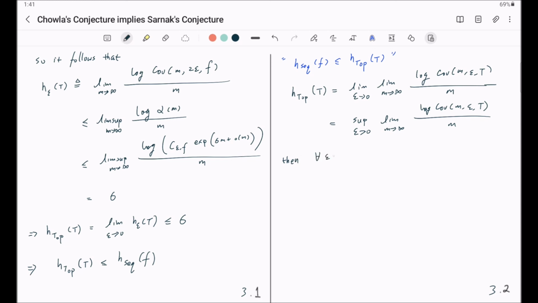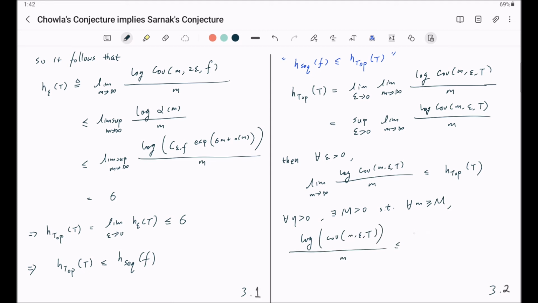Then, for any epsilon greater than 0, we know this limit is less than or equal to h_top of T. This tells you for any eta greater than 0, there exists a capital M such that for any m greater than or equal to this capital M, log is bounded by h_top of T plus eta.